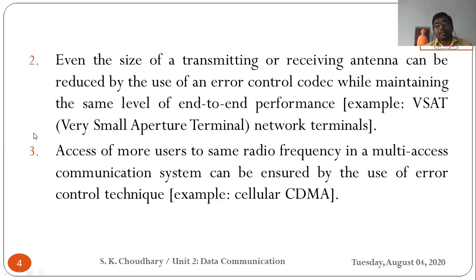Okay, so these are some benefits of why we use error control coding or decoding. Because of this, we are able to reduce the power requirement. We are able to reduce the size of the antenna. We are able to use the same radio frequency for multiple access communication systems. So these are the benefits. That's why we use this technique.